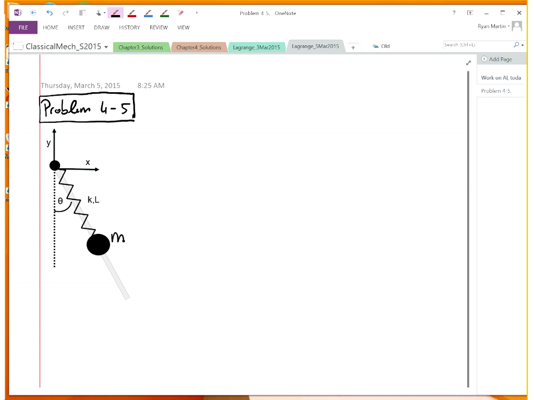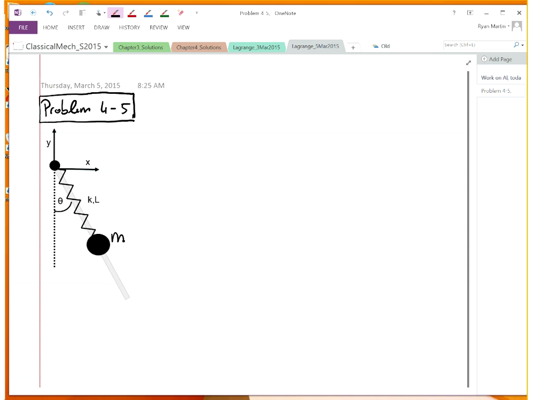And the bead, so the bob, can slide with no friction along the rod. So basically it constrains so that the spring is only stretched in its longitudinal direction. The spring itself has a rest length of L. And I think you have to do this problem for the previous assignment by using D'Alembert's equation. And so it's much easier to do with the Lagrangian.